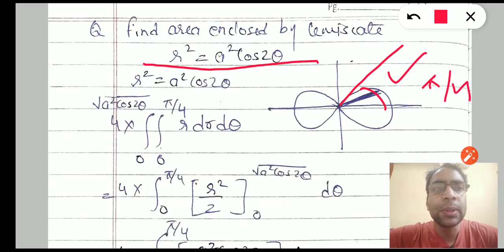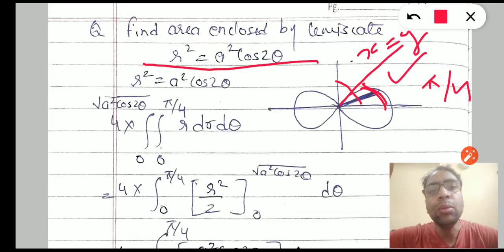How pi by 4? Because the lemniscate touches the line x is equal to y, and this line divides the quadrant into two equal parts. The complete quadrant is pi by 2, and half of pi by 2 is pi by 4. So theta in the first quadrant moves from 0 to pi by 4.